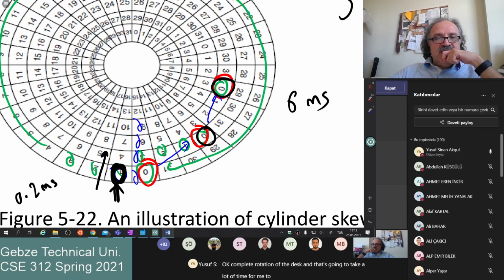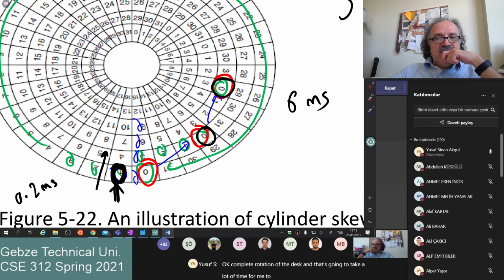So usually we use this skew amount, and skew amount is calculated depending on your drive geometry, number of rotations per minute, how many sectors you have, the speed of your read-write head, etc. It all depends on that.